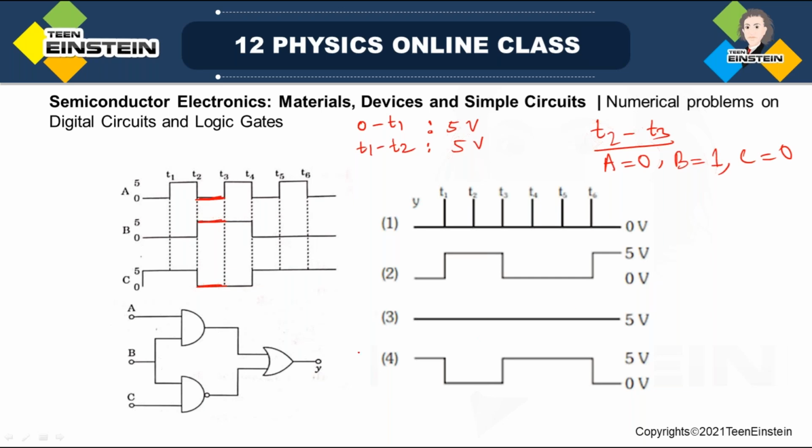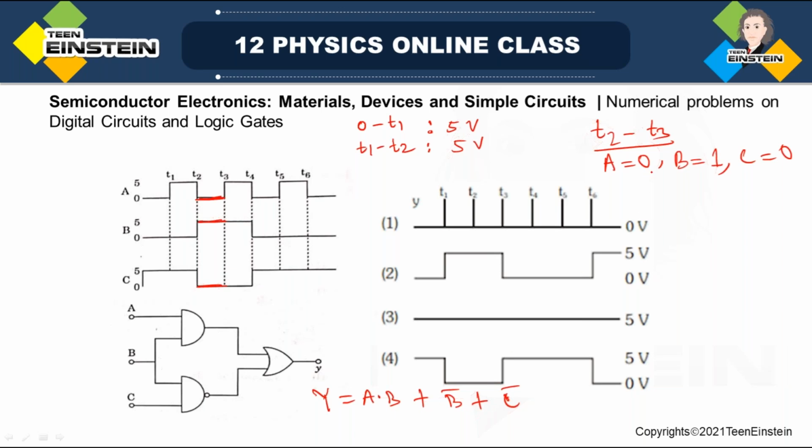Now let us put it here. Oh, I have erased. Let me write the output. Output was A and B, then B bar or C bar. This was the ultimate output over here, right? So let us put it here.